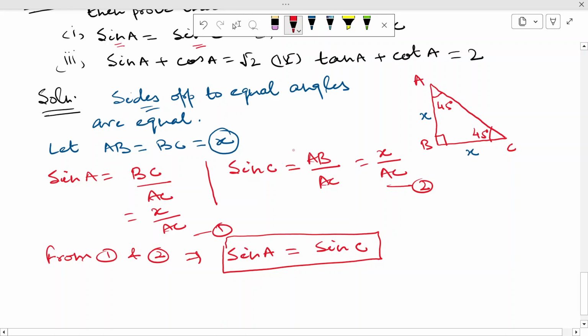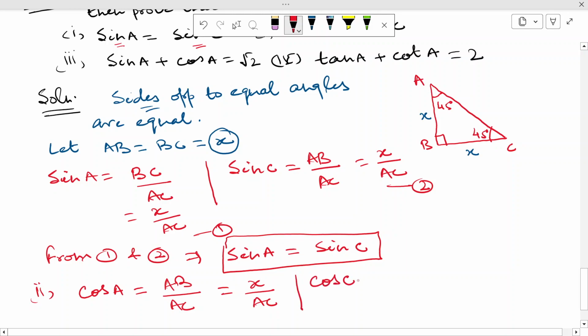Now, in the next part we have to show that cos A is same as cos of angle C. So, in part 2, when you calculate cos of angle A, we have to consider the adjacent side. The adjacent side to angle A is AB, so that is AB upon the hypotenuse, which is AC. So, this will be x over AC.